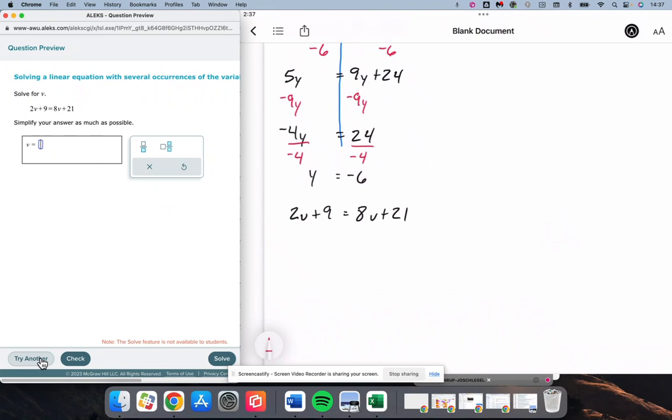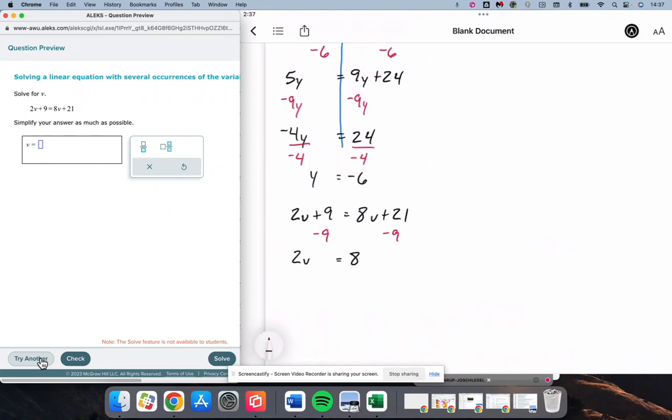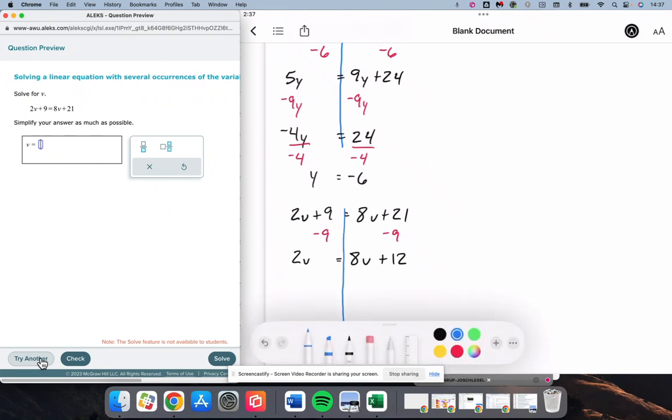For me, again, I like to keep my numbers positive, so I'm going to subtract 9 from both sides. I get 2v is equal to 8v plus 12. And again, I can't start making up math here, okay? It's a terrible idea, probably for most people, to subtract 2v.